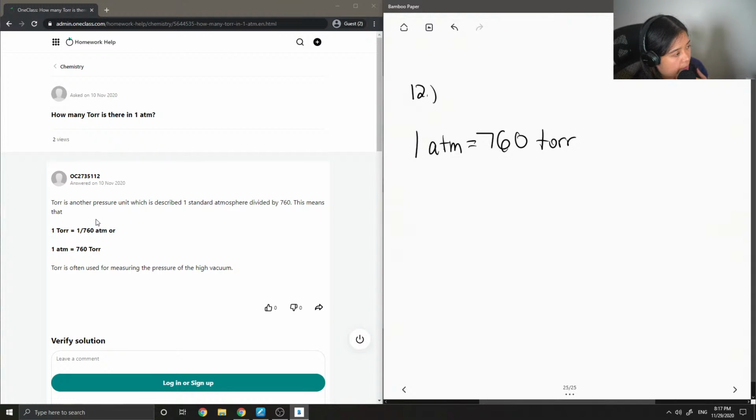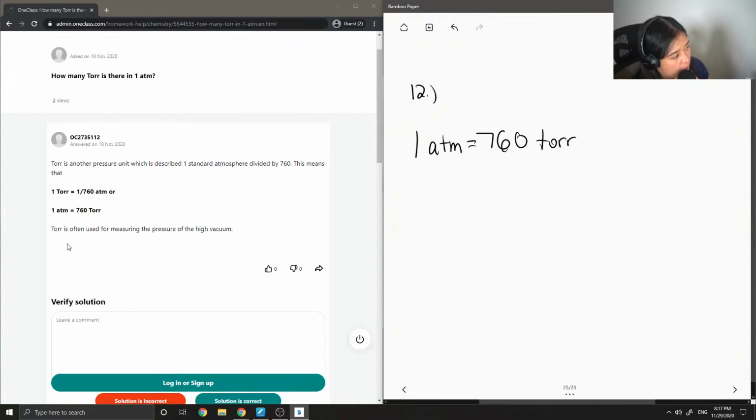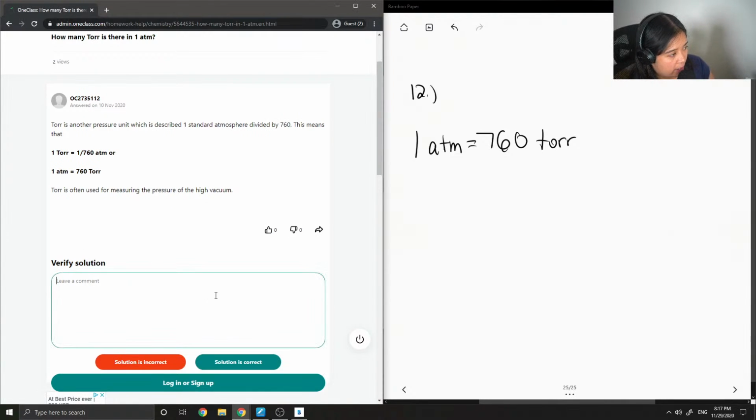Torr is another pressure unit which is described as 1 standard atmosphere divided by 760. This means that 1 torr is equal to 1 over 760 atm, or 1 atm is equal to 760 torr. Torr is often used for measuring the pressure of the high vacuum. Yep, so this solution is correct.